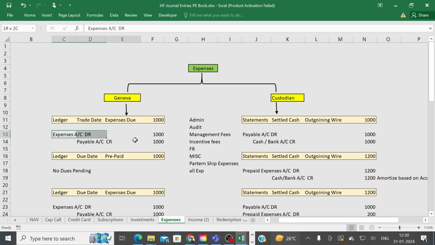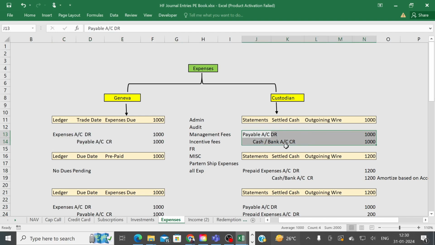Same expenses: when we have a due, when we have accrued, you can record it in this way: expense account debit to payable account credit. And when you actually settle the payable or process the payment, your accounting entry would be payable account debit to cash account credit. Always make sure of one thing: we record payable on the debit when we are paying it out.